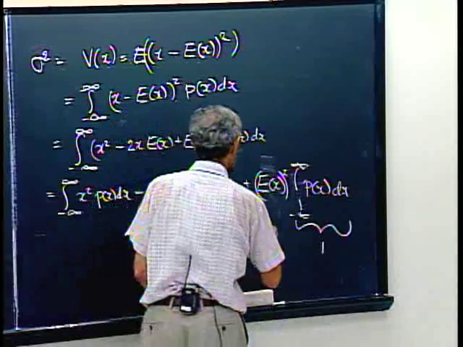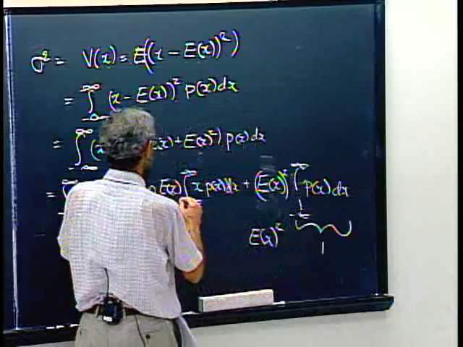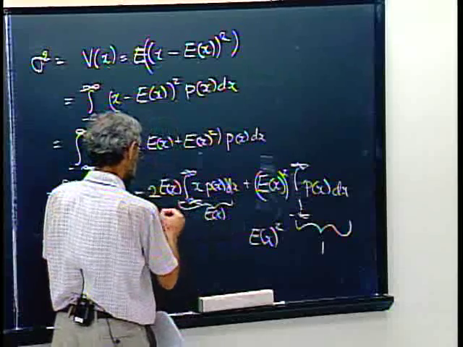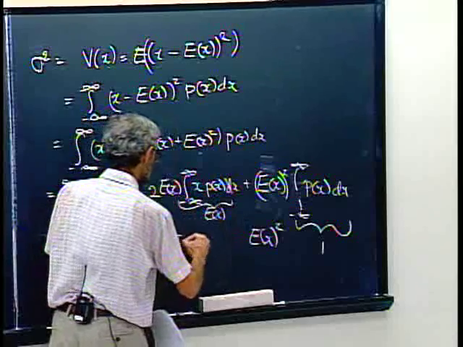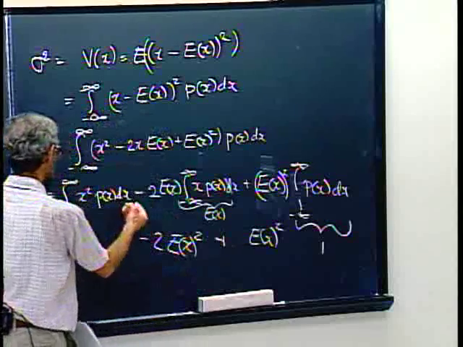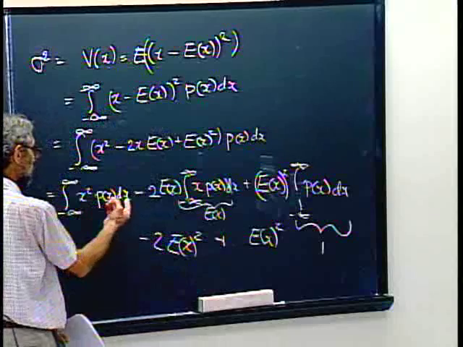So this term is just E of x squared. This factor is E of x by definition. So this term is minus 2 E of x times E of x, which is minus 2 E of x squared. And this term is, here we have the integral of this function of x times p of x dx.